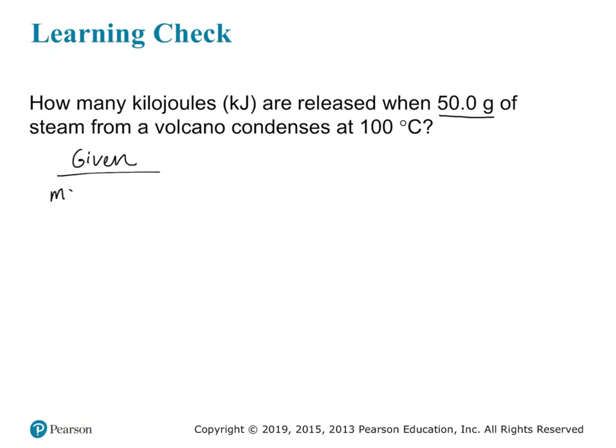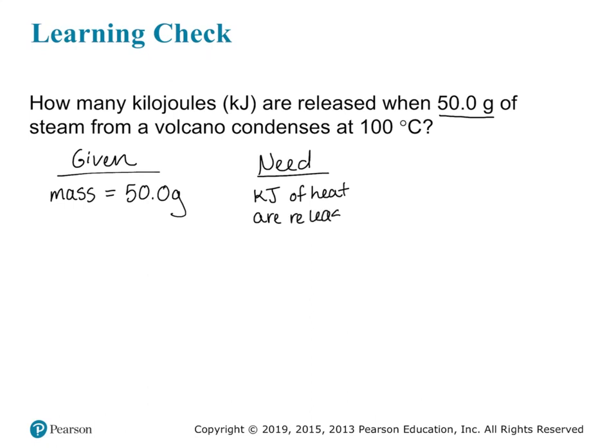We're told the mass of steam, so that's gaseous water, and that mass is 50 grams. And we need to determine how many kilojoules of heat are released. So that's going to occur during condensation. So the gas is turning into a liquid, so it's cooling down.